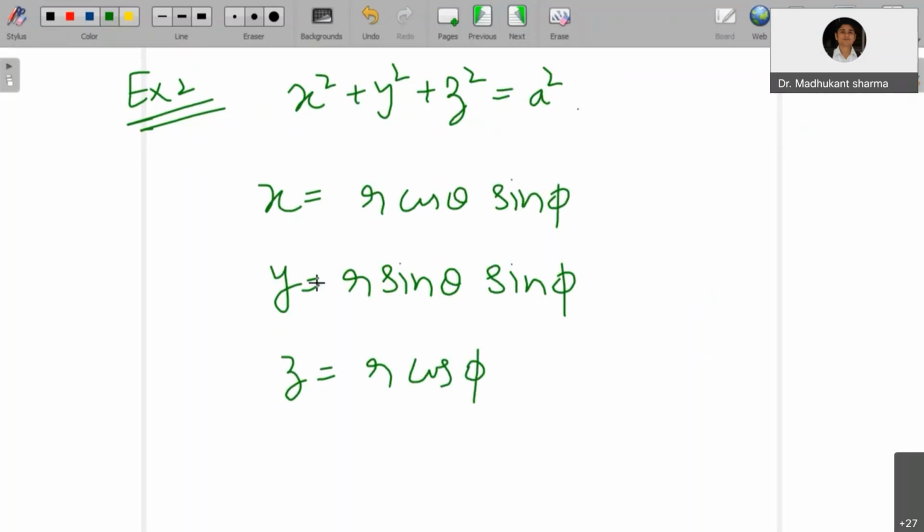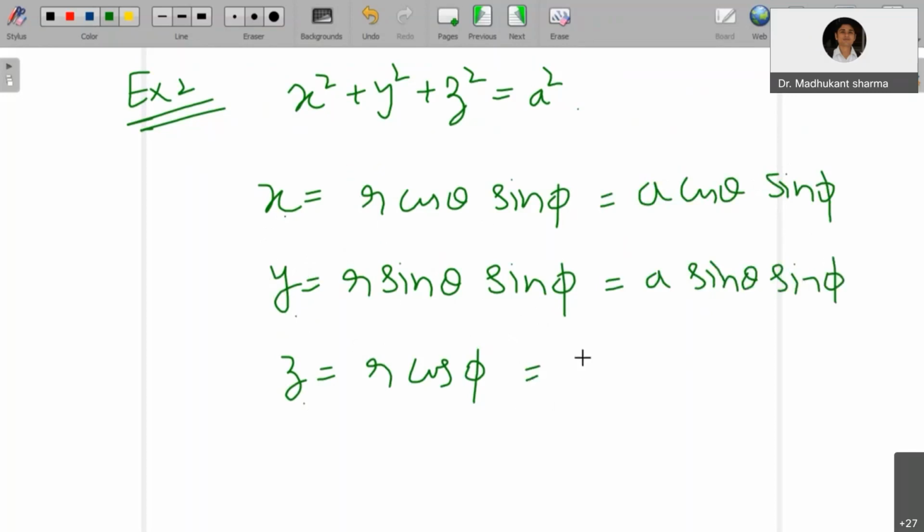Now, since r, theta, and phi are a three-parameter family, we have to get down to a two-parameter family. How will you do that? You know the relation x squared plus y squared plus z squared equals a squared, which leads to r squared equals a squared, so r equals a. So that will be a cos theta sin phi, a sin theta sin phi, and a cos phi.